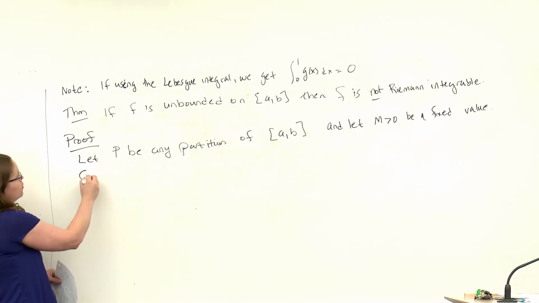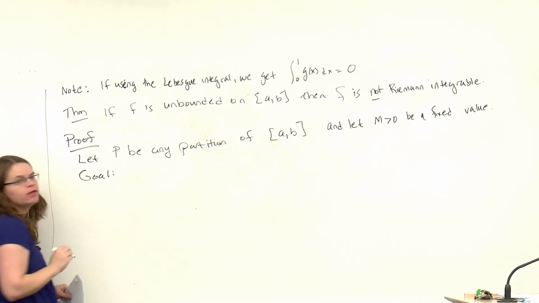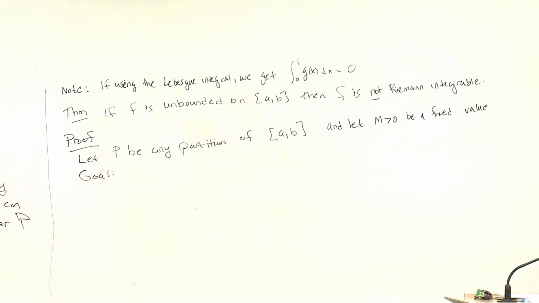So this is our goal, up front. Our goal is to do exactly what we did back here: come up with 2 Riemann sums on P, no matter what P is, that are different from each other by this amount m. And no matter how tiny I take my partition size to be, they just keep being different from each other by this amount m.